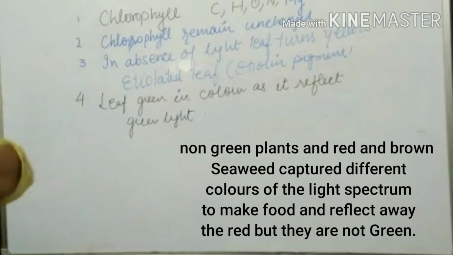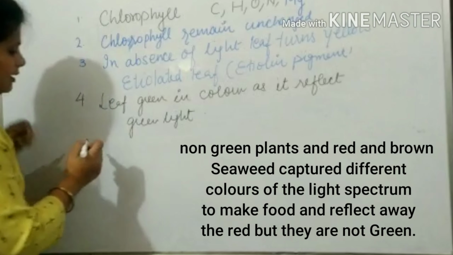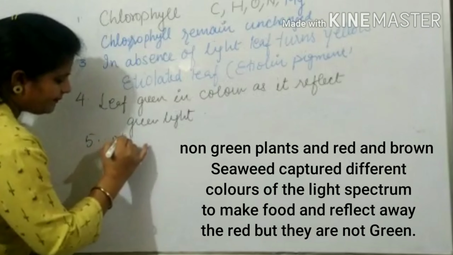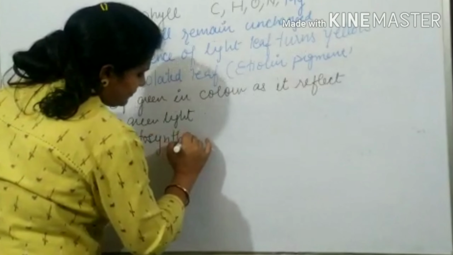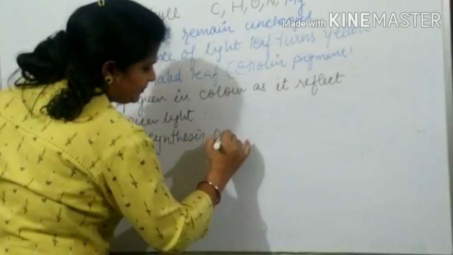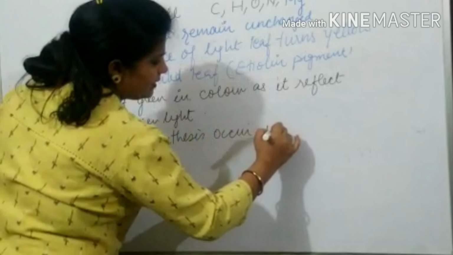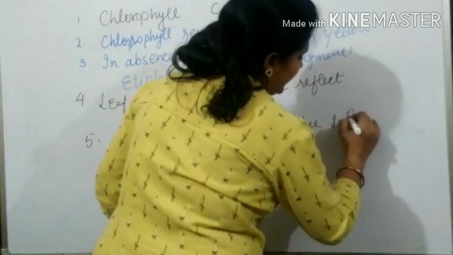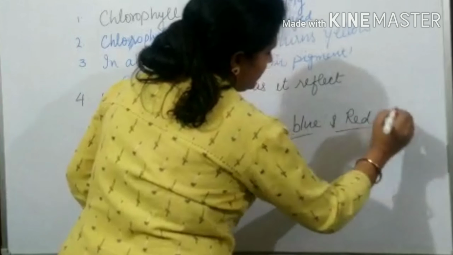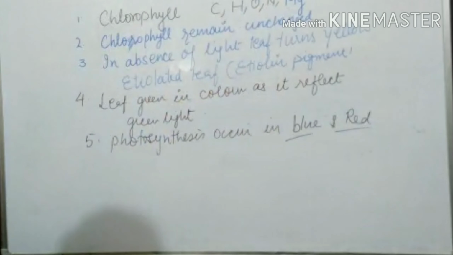So generally, photosynthesis occurs in blue and red light maximum. Photosynthesis will not occur in green light.